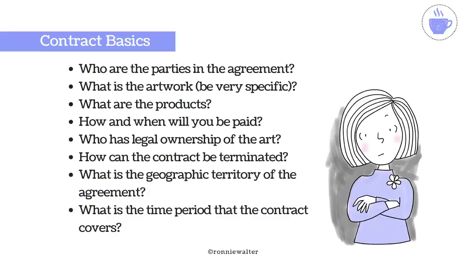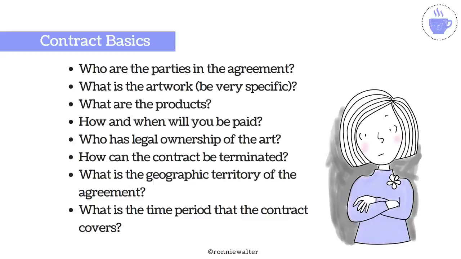You want to be very specific about the artwork and very specific about what products. This is, again, where people have gotten tripped up because they haven't been specific about the products, and then the client decides to do a bunch of other products, which would be great in theory, unless you have already licensed those categories to someone else. Little detail, make sure those products are very specifically spelled out.